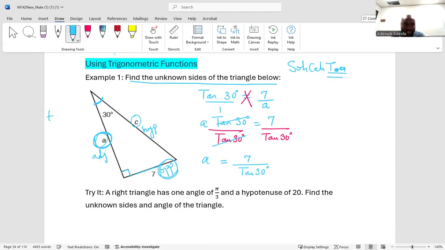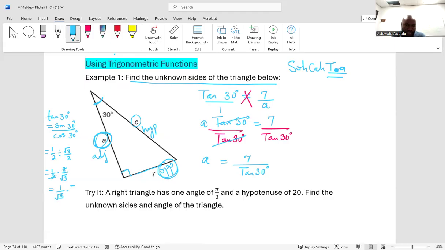We can work it out. We do know that tangent of 30 degrees is the same as sine of 30 degrees divided by cosine of 30 degrees. Now, sine of 30 degrees is 1/2, and we are dividing that by cosine of 30 degrees, which is root 3 over 2. Now we have 1/2 times 2 over root 3, which is 1 over root 3.